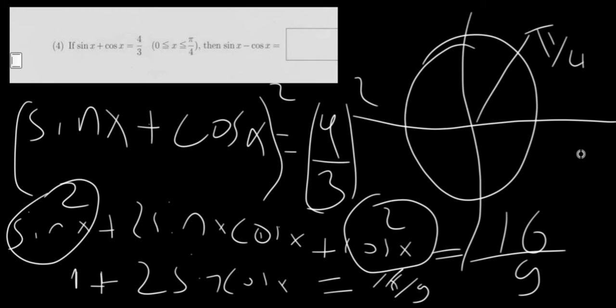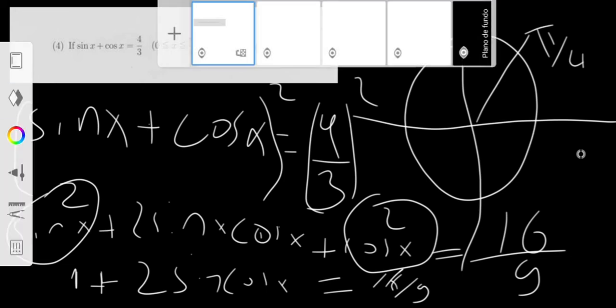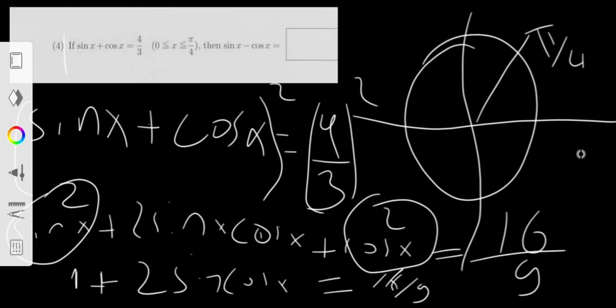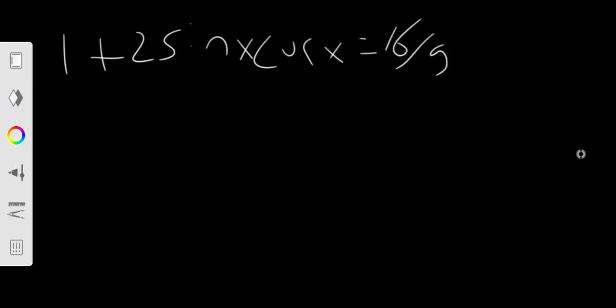So this is our first part that we have. What we have is 1 plus 2 sine x cosine x equals 16 divided by 9. Let's solve for this. The 1 goes to the other side, so we'll have that 2 sine of x cosine of x is equal to 16 divided by 9 minus 1.